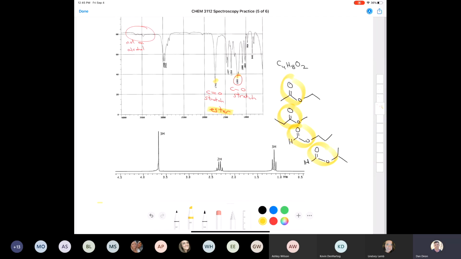So these are really our only possibilities. Now, does anybody, and I'm going to erase all of them, notice anything interesting in the proton NMR? Any conclusions that they could draw from it?